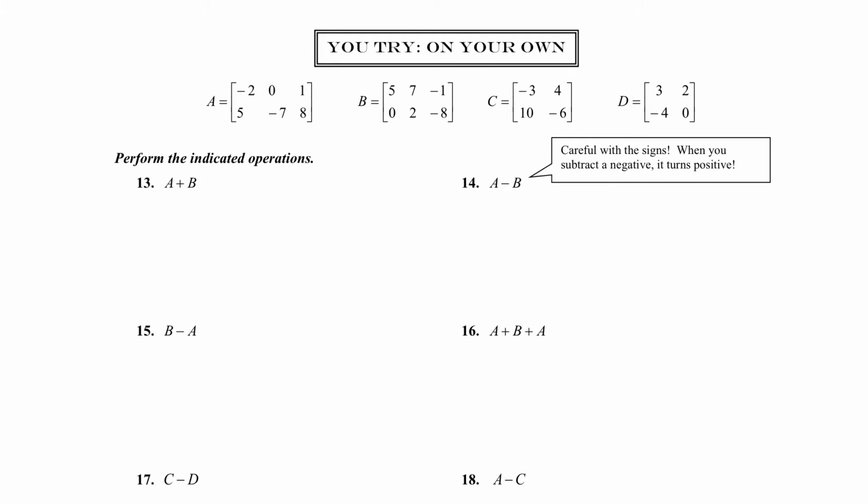So -2, 0, 1, 5, -7, 8. When you subtract matrix B, which is 5, 7, 1, 0, 2, -8, just make sure that you mind the signs.